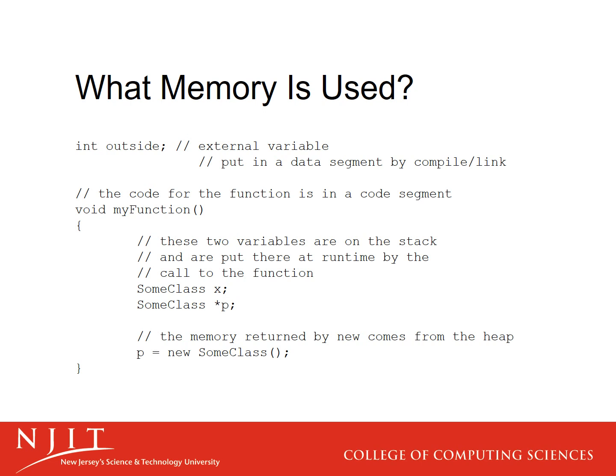Because those two variables are declared inside the function, the compiler will cause them to have a memory address that's somewhere on the stack bound to them. So the memory address for x and the memory address for p will be somewhere on the stack, and that binding is handled partly at compile time and partly at runtime. And we will talk about the details of that when we talk about functions. You can be guaranteed that those variables will be on the stack somewhere.